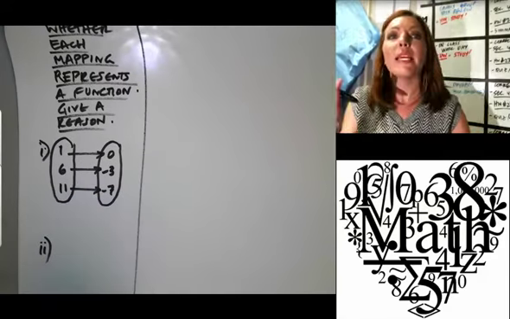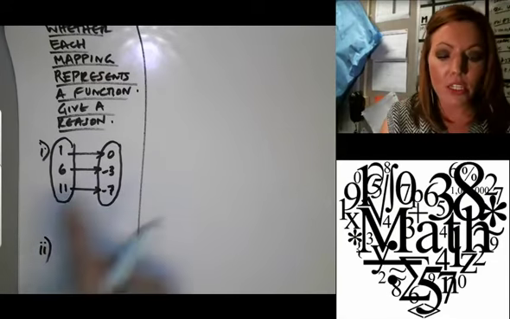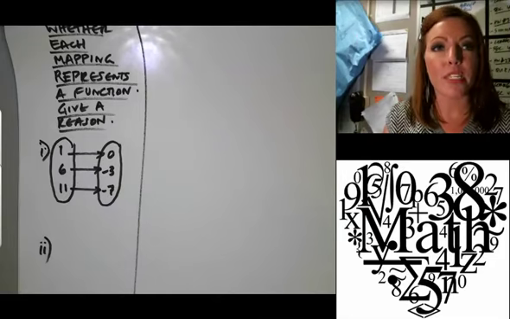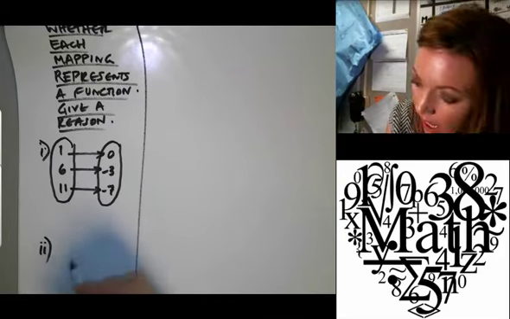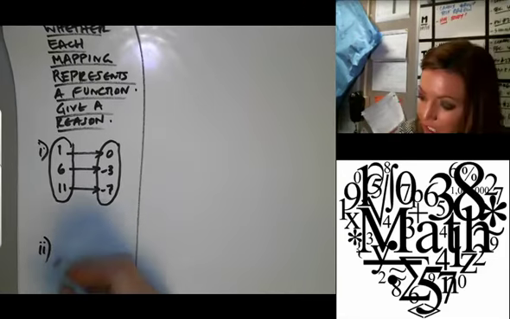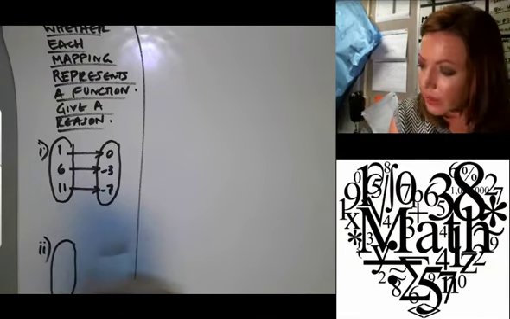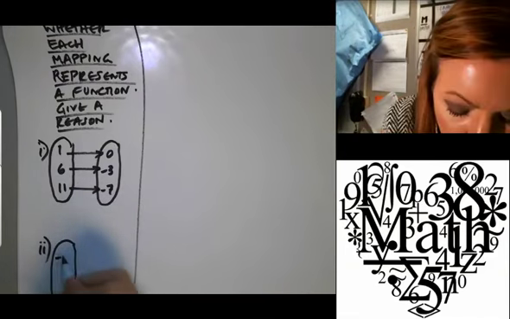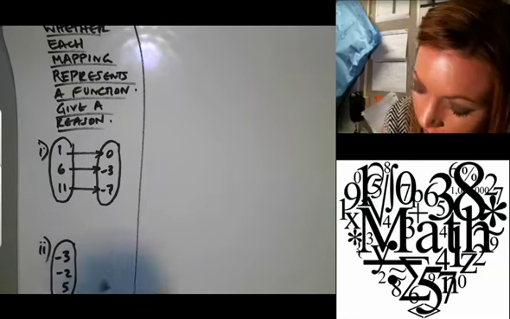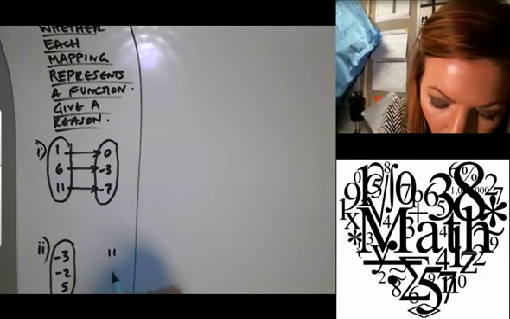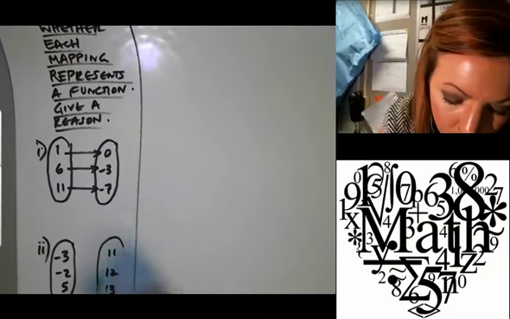All right, everybody write these down. 1, 6, 11. So we have pictures, maps. This is a map. I will go through and explain. I'm going to put 2 of these up here to start out with. -3, -2, and 5, and 11, 12, 13.